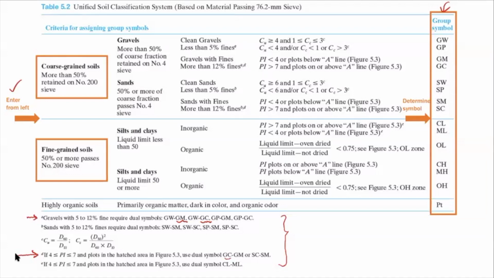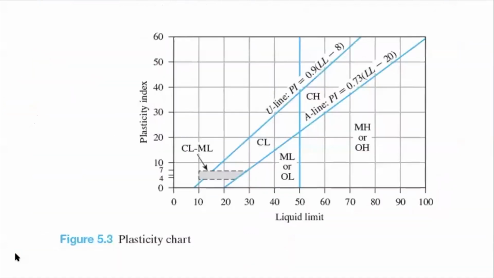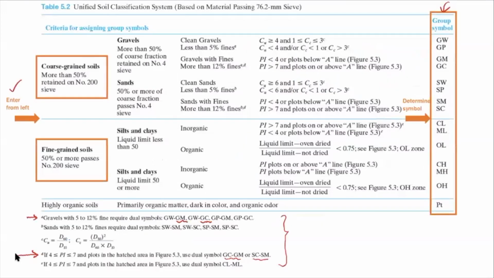So if you look at the plasticity chart, this is the hatched area. If your PI is between 4 and 7 and it plots in this hatched area, it's going to be either GM, GC if your coarse components are gravels, or SC, SM if your coarse components are sands. So that's a special case.